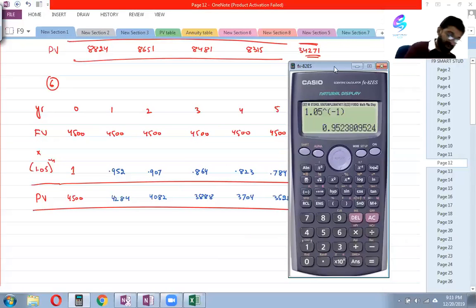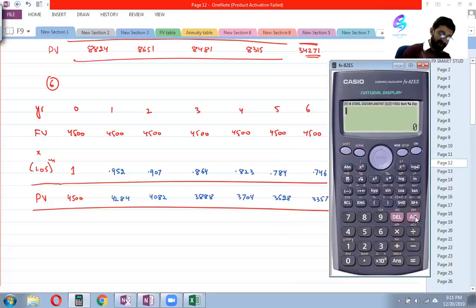But there is a shortcut to calculate it even in your calculator. So let's say, for example, the first one you have calculated is 0.952. What are you going to do next? This figure divided by 1 plus R. So that will be 0.952 divided by 1 plus R, which is 1.05, and this will give you the next year's discounting figure.